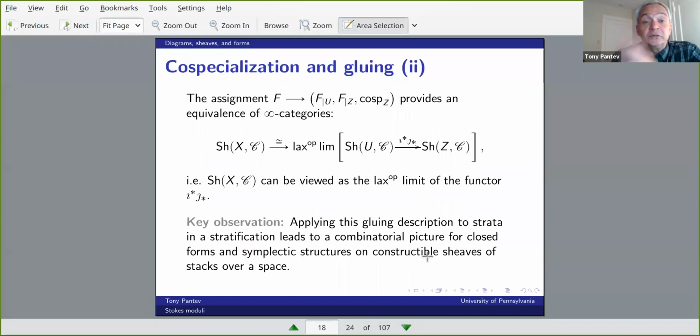And so this assignment that sends a sheaf to its restriction to the open, restriction to the closed, and the co-specialization, it actually gives you a homotopical equivalence of the category of sheaves and the lax limit of this gluing functor from the sheaves on the open to the sheaves on the closed.